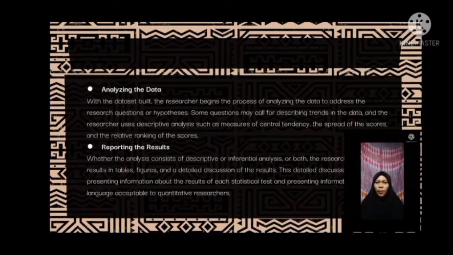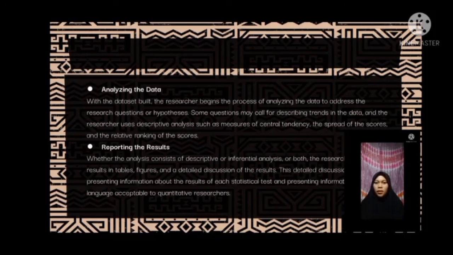Number 4. Reporting the results. Whether the analysis consists of descriptive or inferential analysis, or both, the researchers present results in tables, figures, and a detailed discussion of the results.